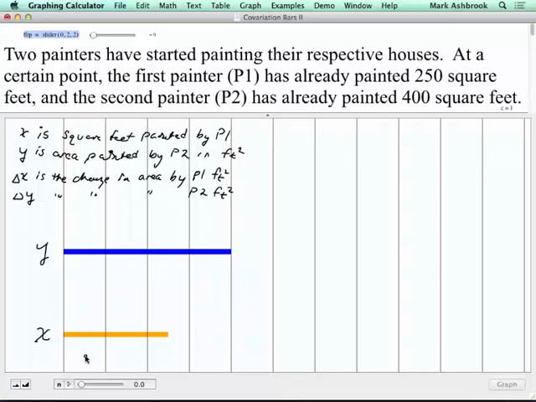So the question is, does the amount painted by painter 2, or y, change with constant rate of change with respect to the amount painted by painter 1, x? Are these in a constant rate of change relationship? I heard yes, I heard no, I heard we don't know yet.